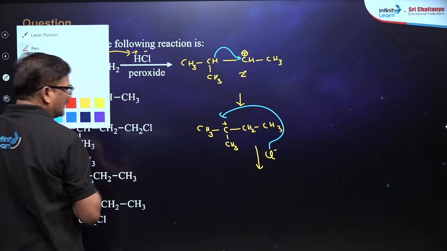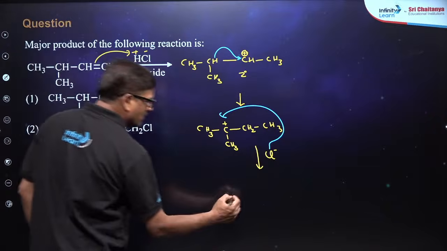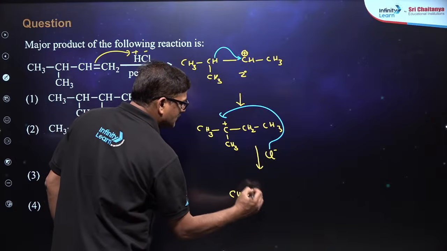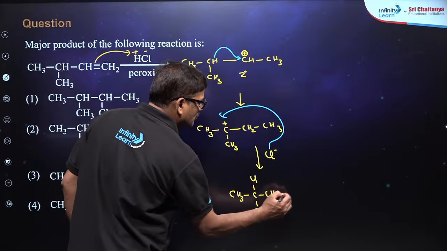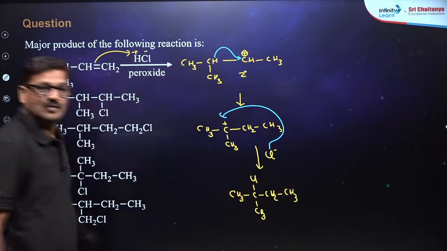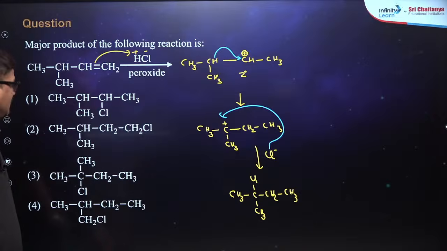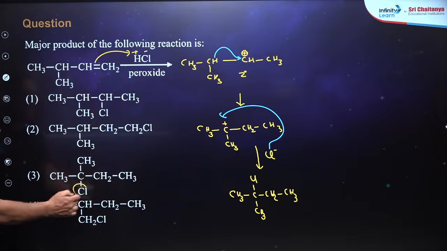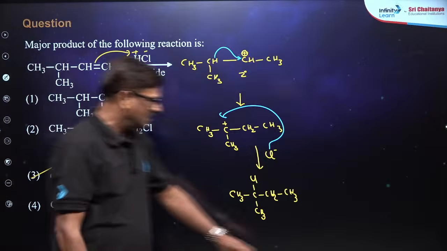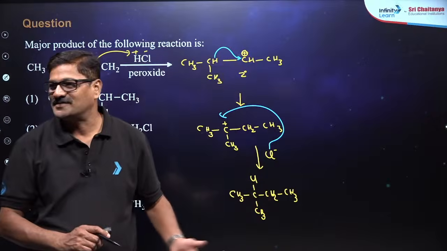So the answer for this question will be CH3, CCl, CH3 and CH2, CH3. 2-chloro-2-methyl butane is the answer. So where is my structure? This is my structure. Option 3 is going to be the correct answer.